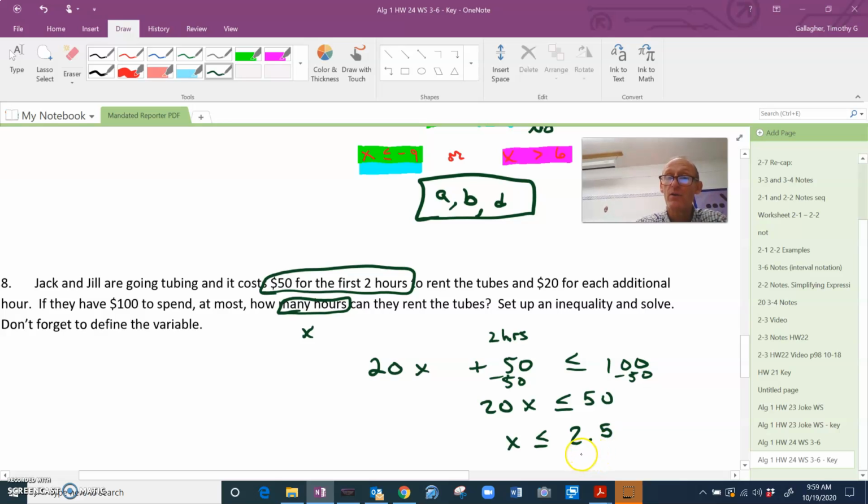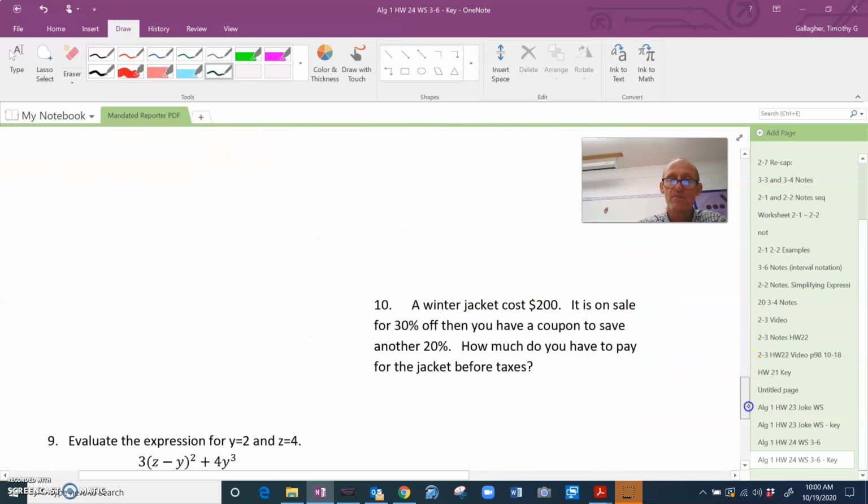Okay? Now, that's multiplied by 20. So they already spent the $50 for the first 2 hours, so it's 4.5 hours. Okay? That's what you got to come up with there.